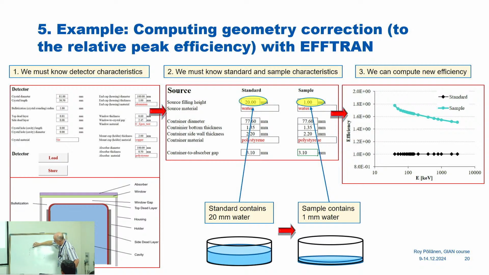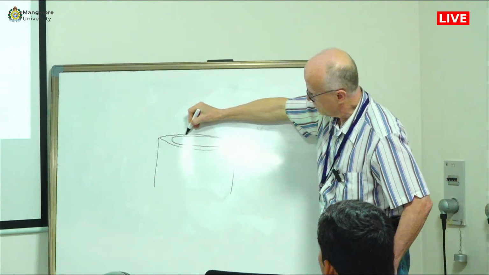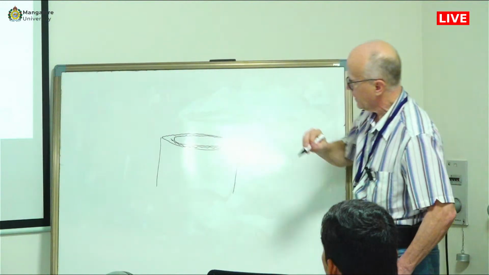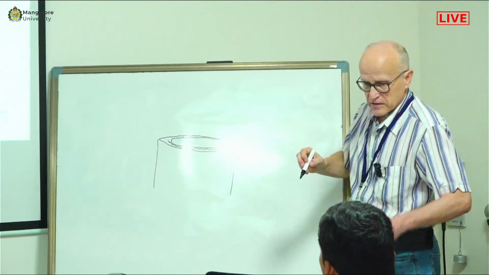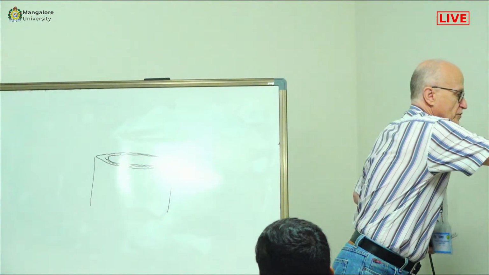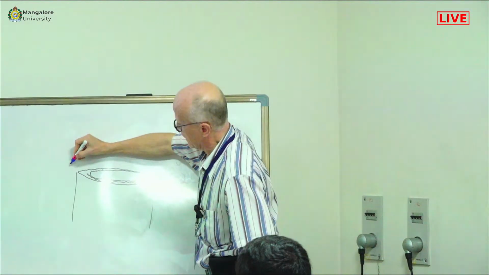There is a small thin metallic ring here. This is some metal, I think it's aluminum here. And in some cases, our samples, our beakers are bigger than the detector.